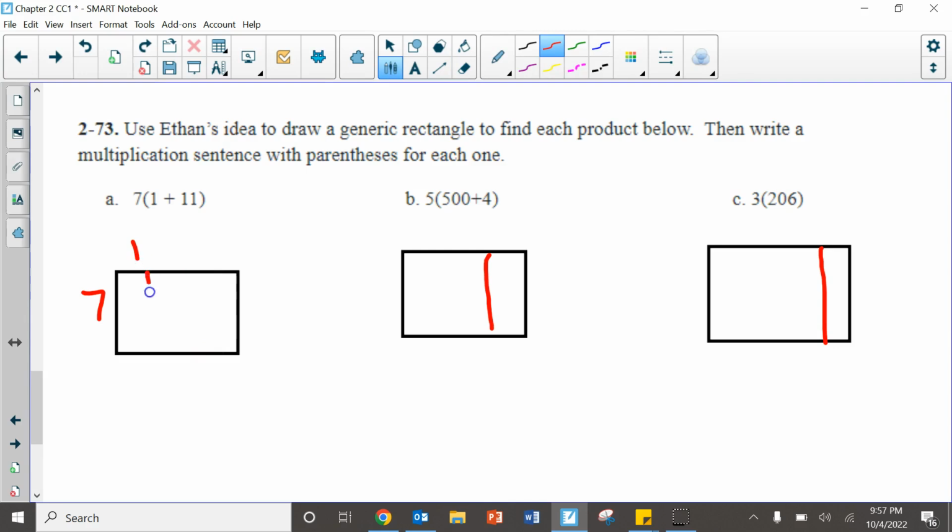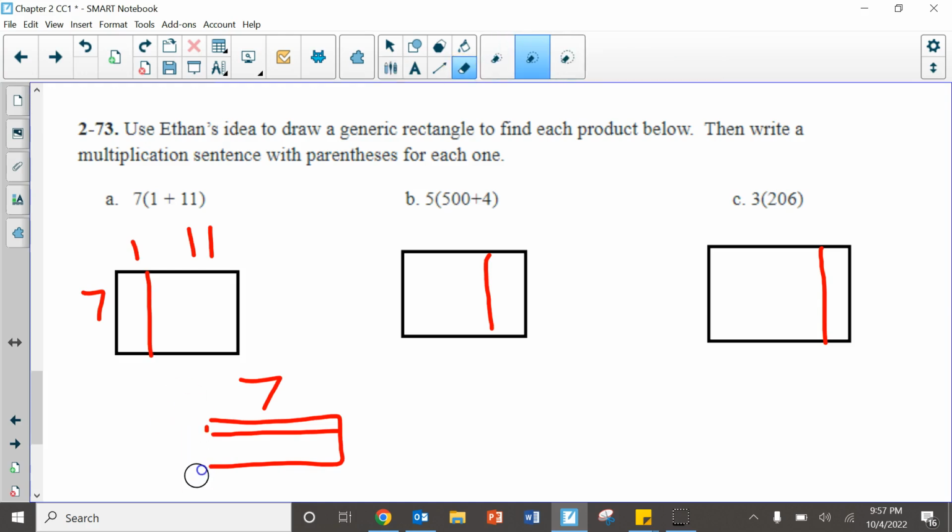So 1, 11. So we'll do it in the same order it's shown. Now, if you put the 7 on the top and did 7, 1, 11, that's the same thing, and that's completely fine. I just prefer the 1 digit to be on the side, and that is just a personal preference.